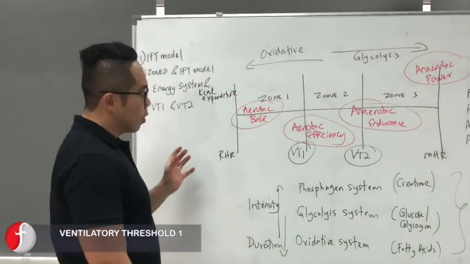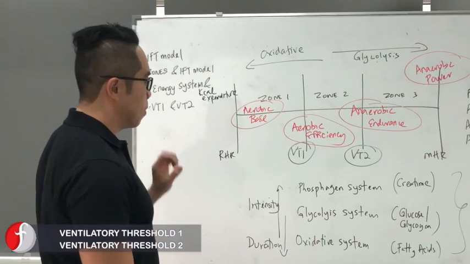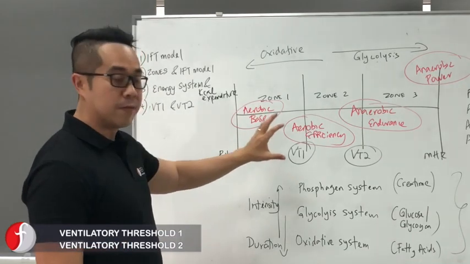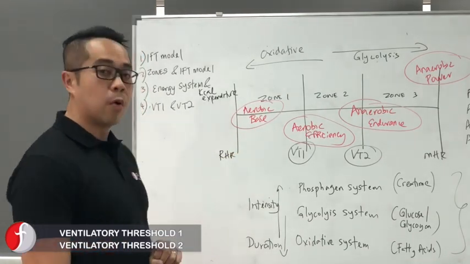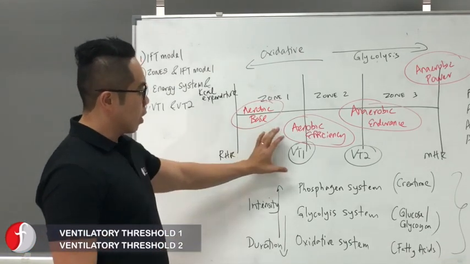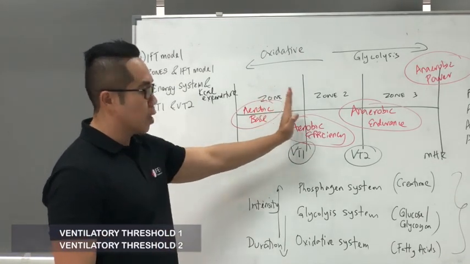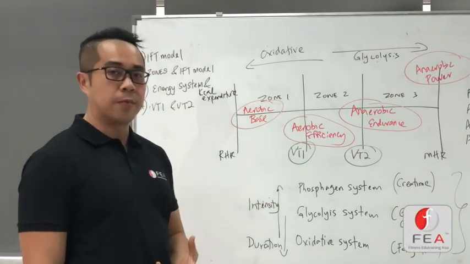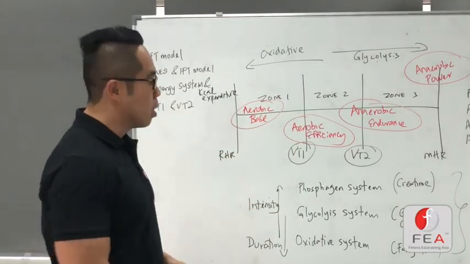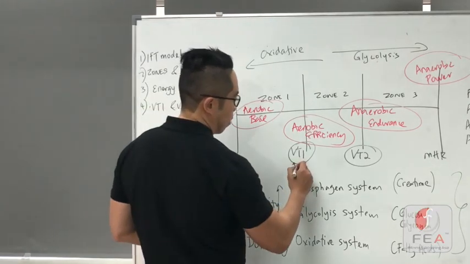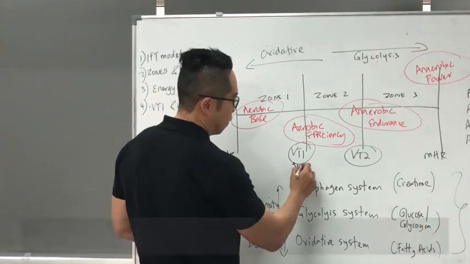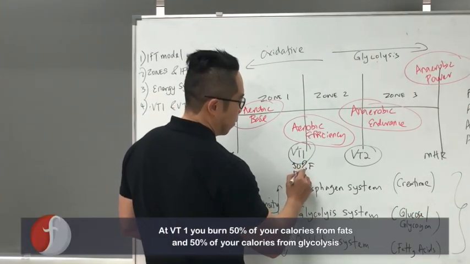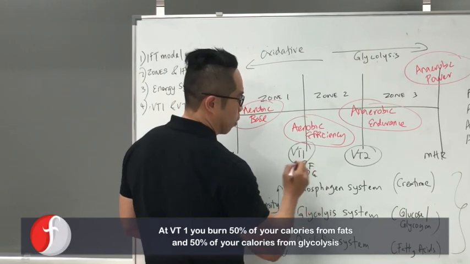Now, if you look at these zone models, ACE came out with VT1 and VT2. Let's understand a little bit more. There's a separator between zone 1 and zone 2. We call it VT1, and it is something very special. At VT1, you burn 50% of your calories from fats and 50% from glycolysis.